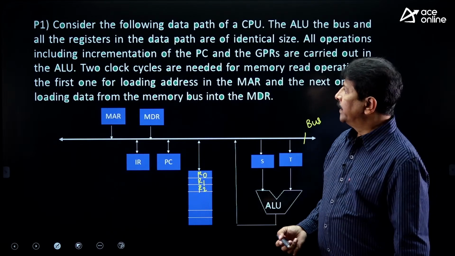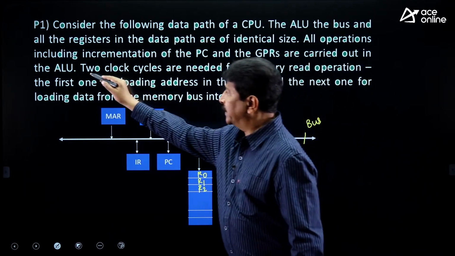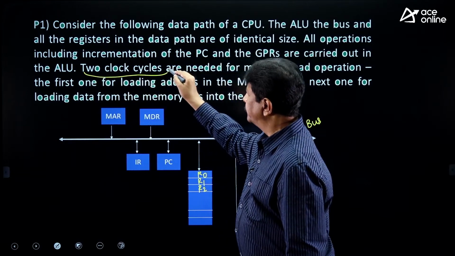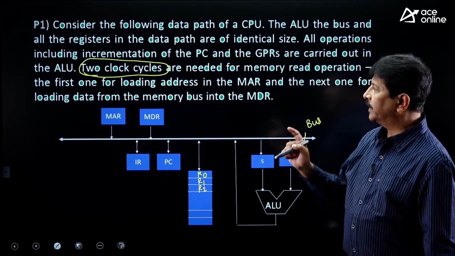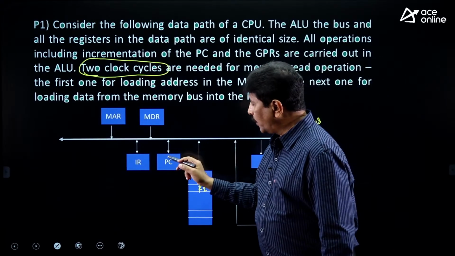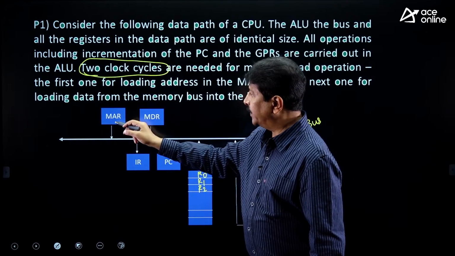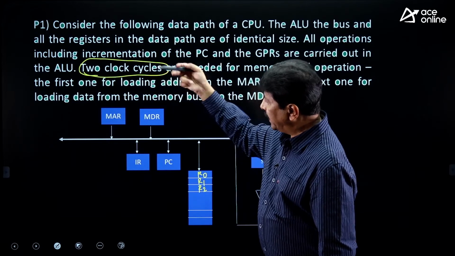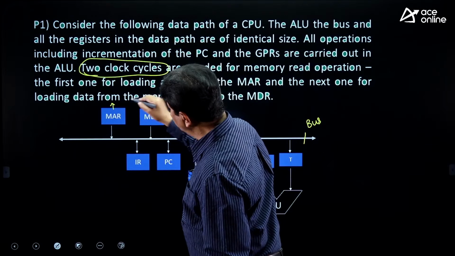Okay, this one. So he told that a memory read operation requires 2 clock cycles. Why it requires 2 clock cycles for memory reading is, 1 clock cycle is to write the PC value into MAR, and the second is to write from memory into MDR. You know that this is connected to memory. Here it's going to have a memory.